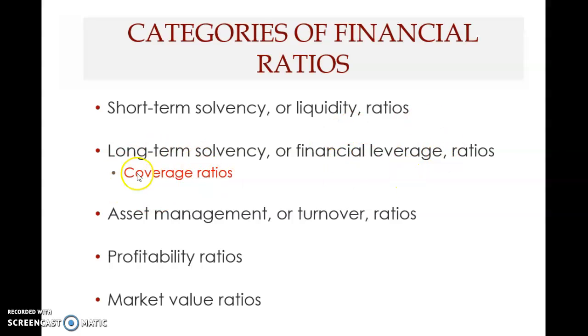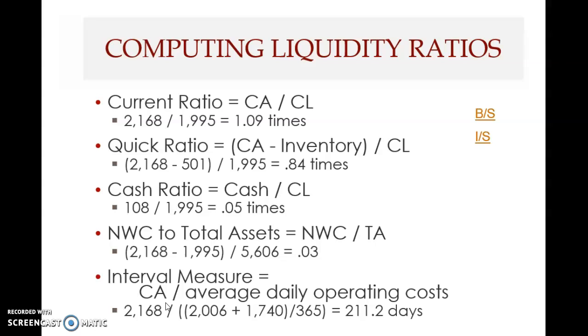Under this, you also have coverage ratios. Coverage ratios come under long-term solvency. The third category is asset management or turnover ratios. The fourth category is profitability ratios, and the fifth is market value ratios. So these are the categories, starting with liquidity ratios.